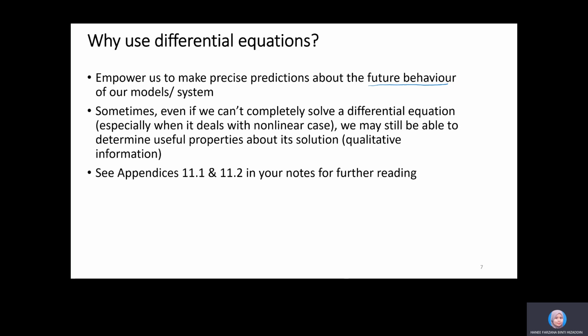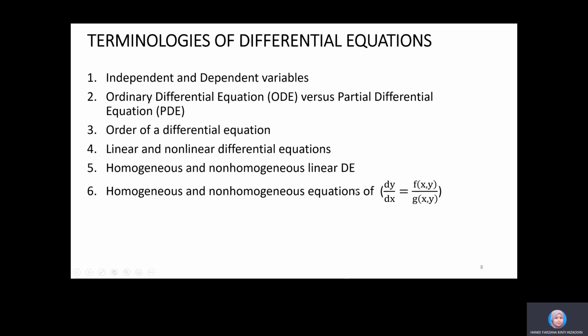Sometimes, even if we can't completely solve the differential equation, we can still determine some useful properties of the solution, because we know how it behaves. When it reaches a certain point, will it increase or decrease? Is it changing linearly, exponentially or quadratically? So it's useful. You can further read appendices 11.1 and 11.2 in your notes to satisfy your curiosity.